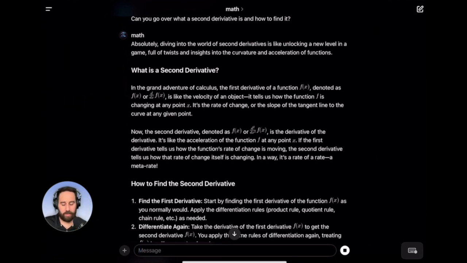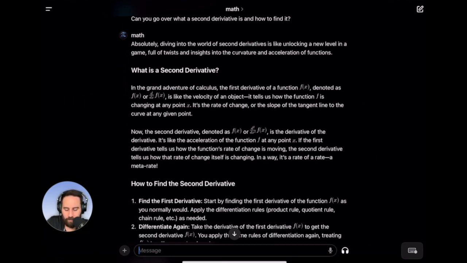So it's telling it like a story. Denoted as f prime of x, though there are like 75 different ways of symbolizing a derivative. It's like the velocity of an object, telling us how the function is changing at any point x, its rate of change. So the slope of the tangent line to the curve at any point.